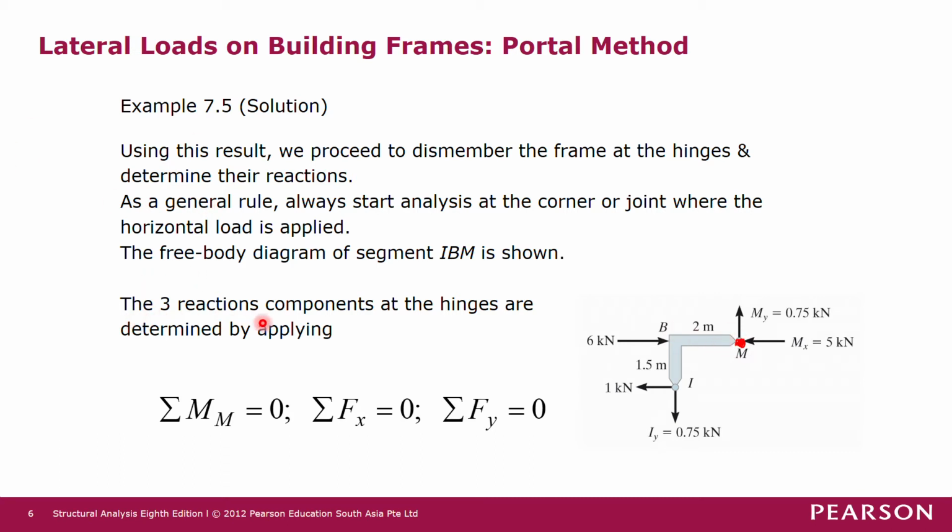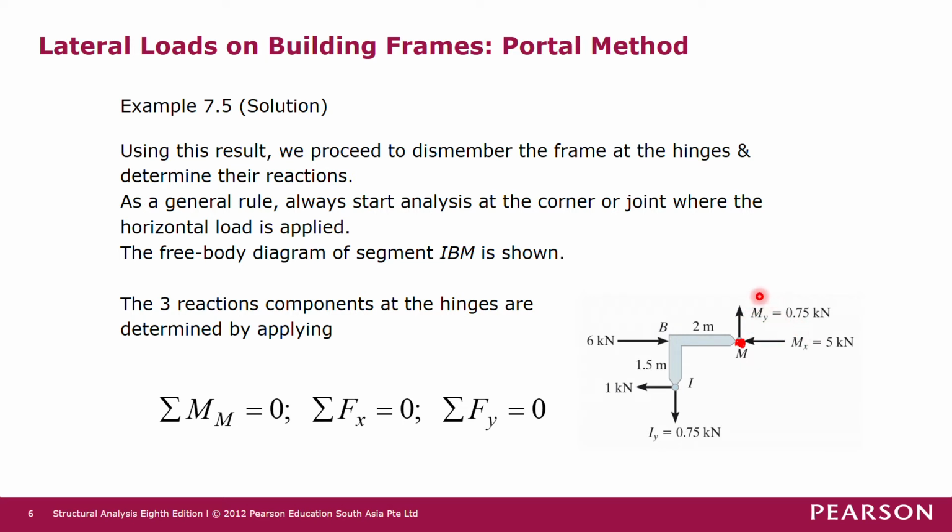So the 3 reaction components at the hinges are determined by applying the 3 equilibrium equations. So all these my and mx directions, take note that my and mx, they are not moments. These are forces, okay, internal forces.